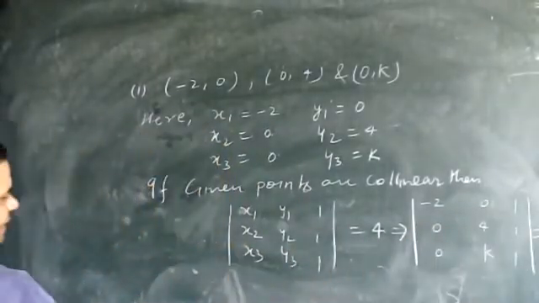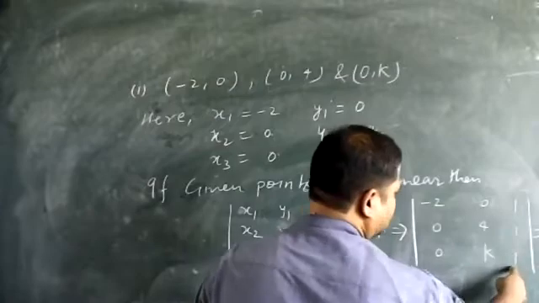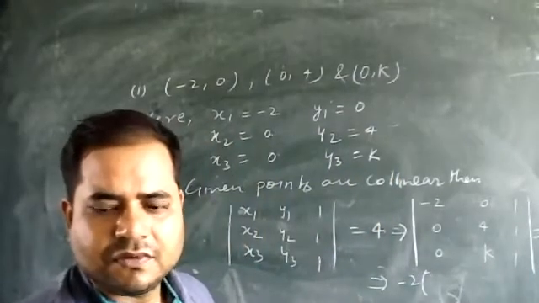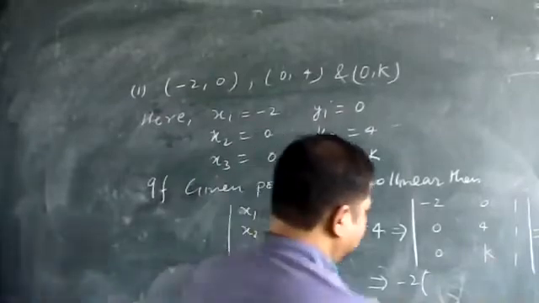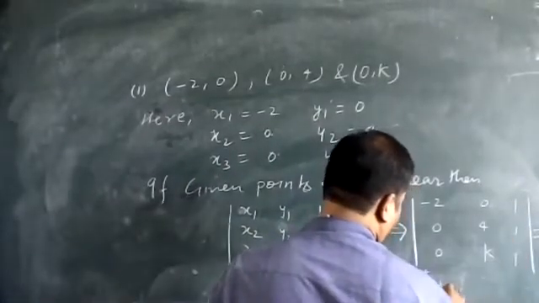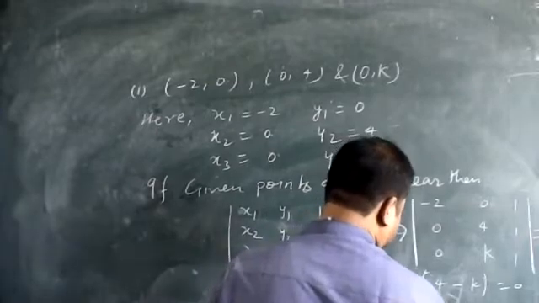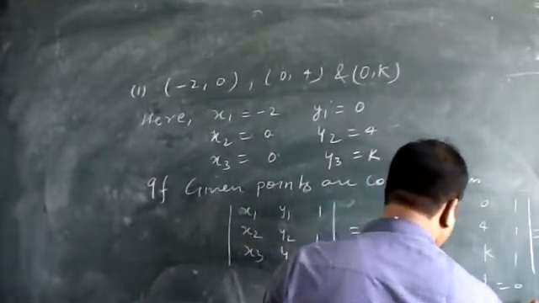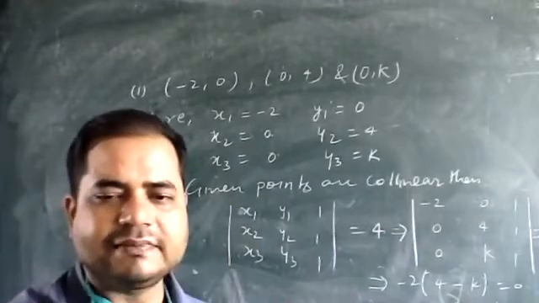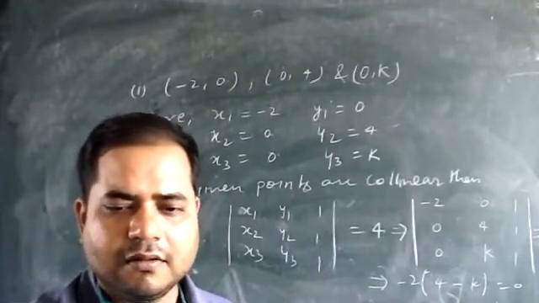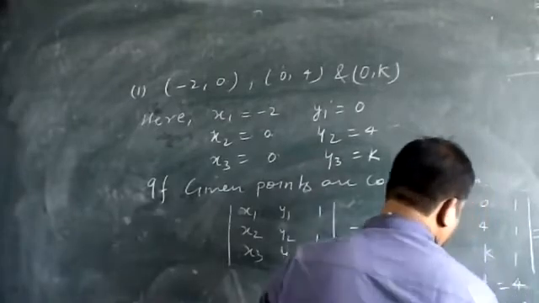So what is the value? Minus 2, leaving this row and this column, times (4 minus k).